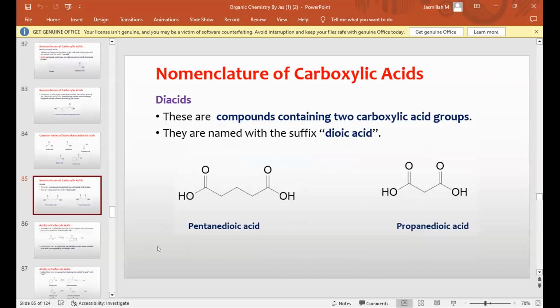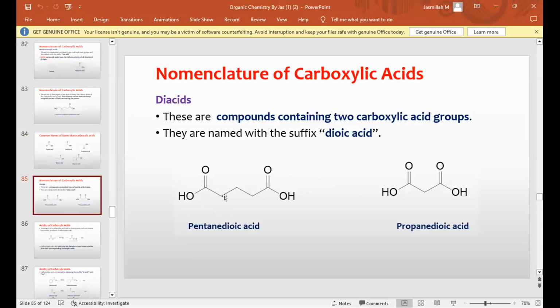And then diacids, these are compounds that contain two carboxylic acid groups. Now the suffix goes from oic acid to dioic. So for example, this one, we can start counting from any side because you see both of them have the same priority.